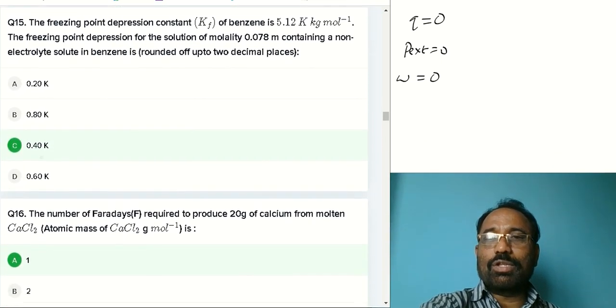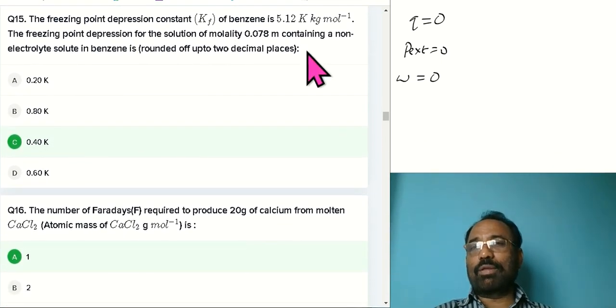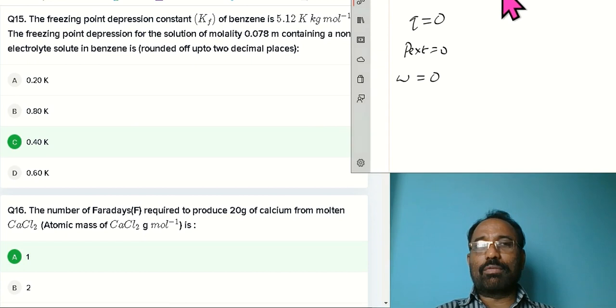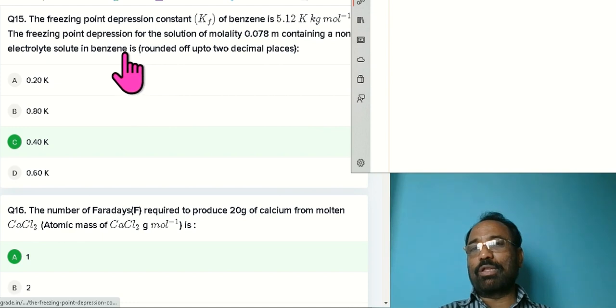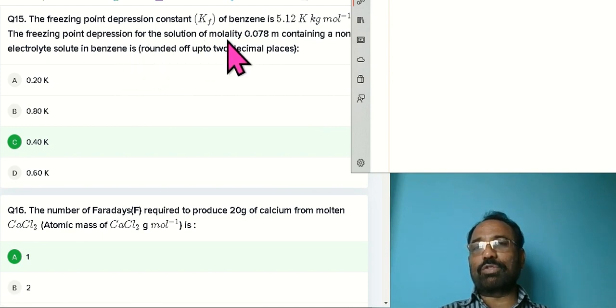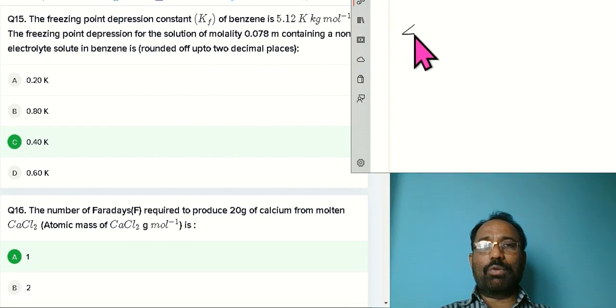Next, see question number 15, the freezing point. The freezing point depression constant Kf of benzene is 5.12 Kelvin kilogram per mole. What is the freezing point depression of a solution of molality 0.078 m containing a non-electrolyte solute in benzene? Delta Tf equals Kf into m.